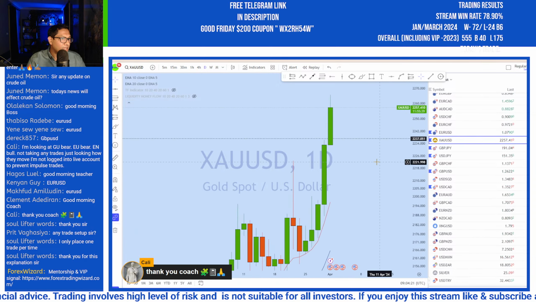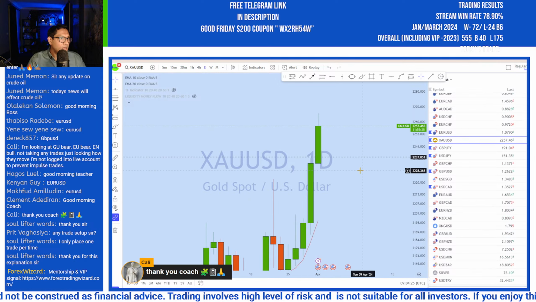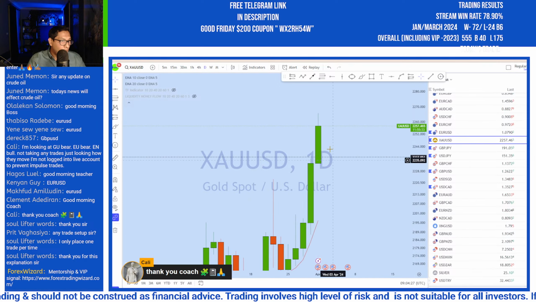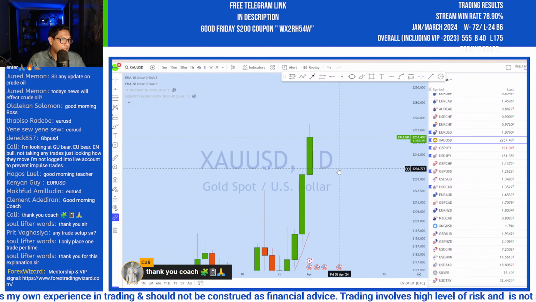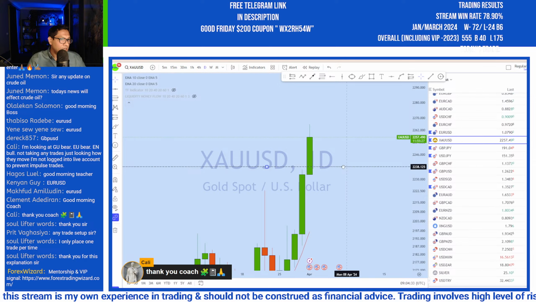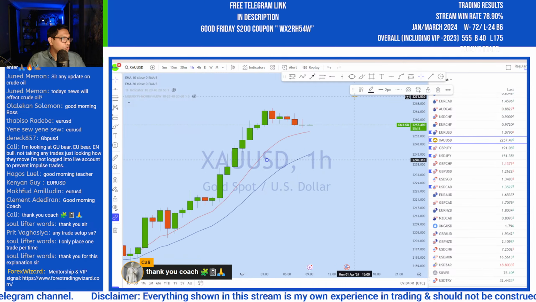And looking at the daily chart, you see this is the daily candle. If the market drops to this level on the daily, especially in that 20 to 40 level, I think that will be a very good point to look for a buying opportunity again.